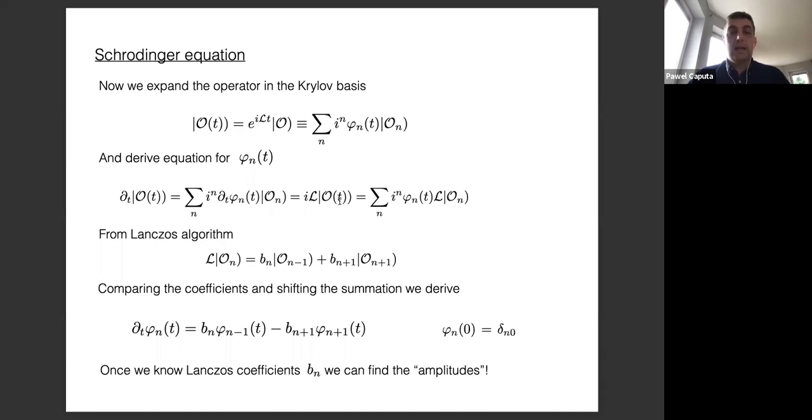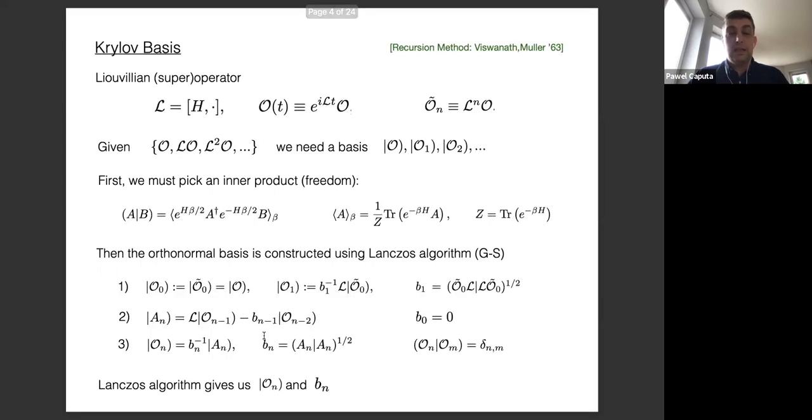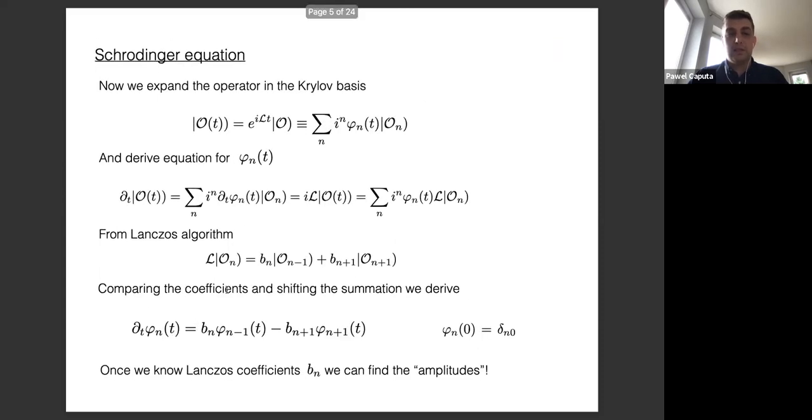And the action of the Liouvillian on the Krylov basis is defined in the Lanczos algorithm. If you appropriately normalize this a_n and move the state to the right, the Lanczos algorithm tells us that the Liouvillian operator on the state O_n in the Krylov basis takes you to the state O_{n-1} with some Lanczos coefficient b_n, plus the state O_{n+1} with Lanczos coefficient b_{n+1}.